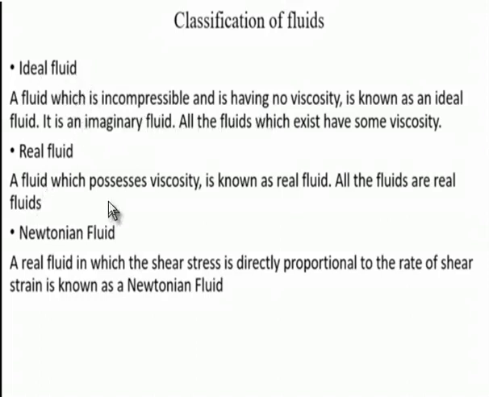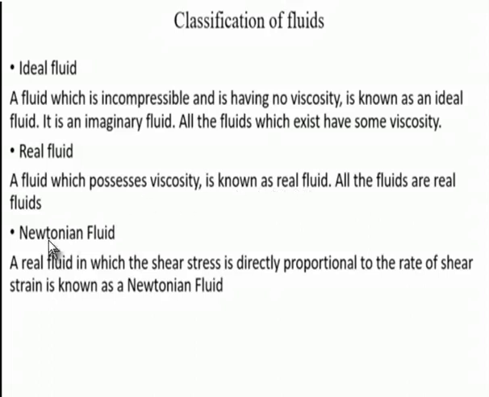But in our universe, all fluids are real fluids. The ideal fluid is an imaginary fluid, and the real fluid possesses some viscosity. Viscosity is a property of the fluid which offers resistance to the flow of fluid. So all the fluids in the universe will have some viscosity. That's why those types of fluids are called real fluids.